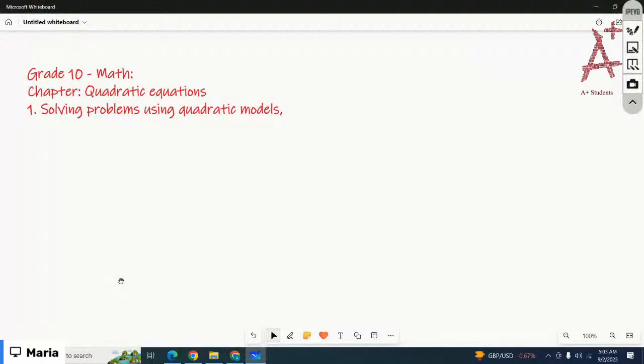So we are working on the book Principles of Mathematics Grade 10, and we're working on the chapter Quadratic Equations.